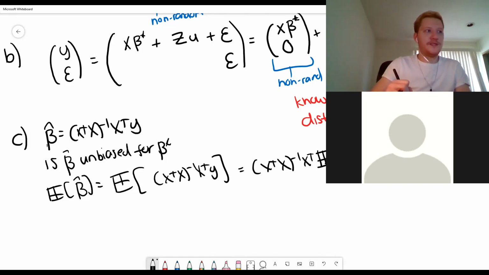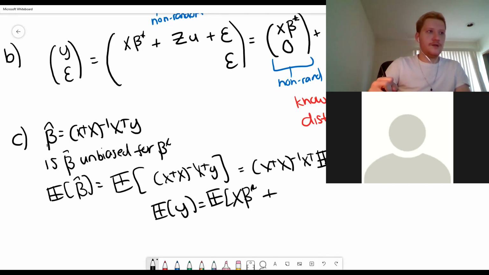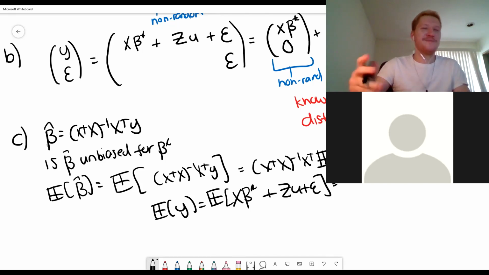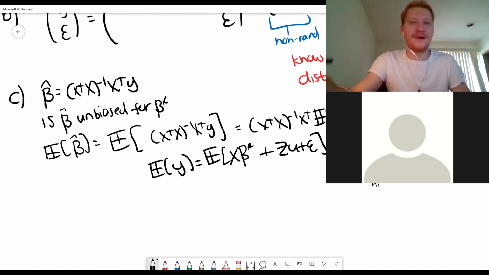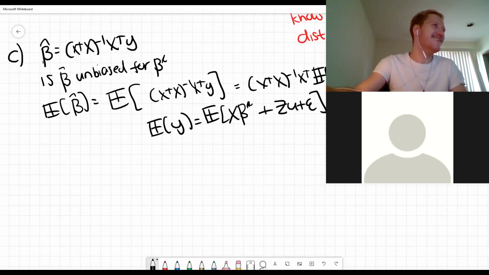The expected value of y is the expected value of x beta star plus zu plus epsilon. I think it's just x beta star. We calculated that in part A. Oh yes, okay, awesome. I don't want to give the whole answer, but you can go from there. It's pretty easy from there.